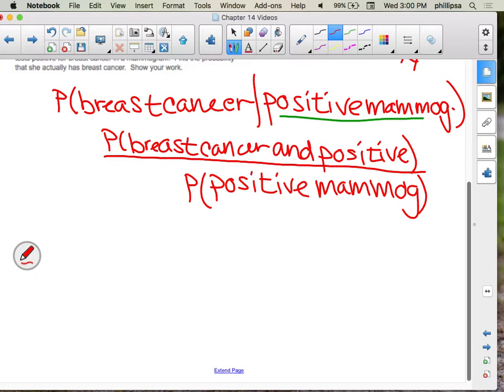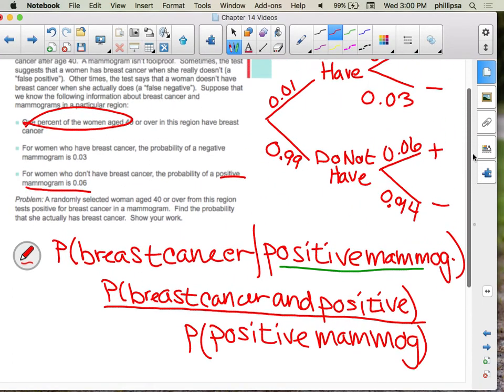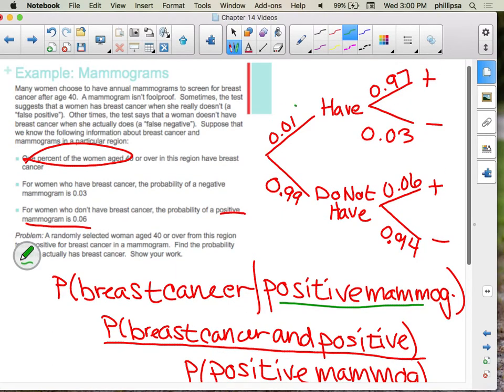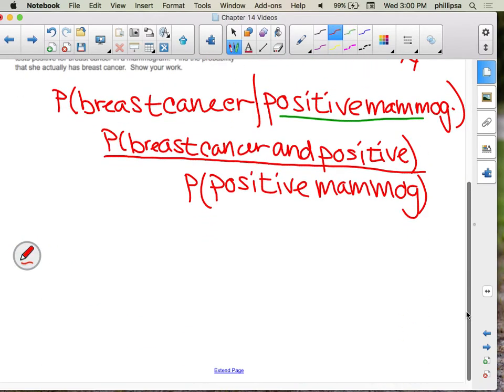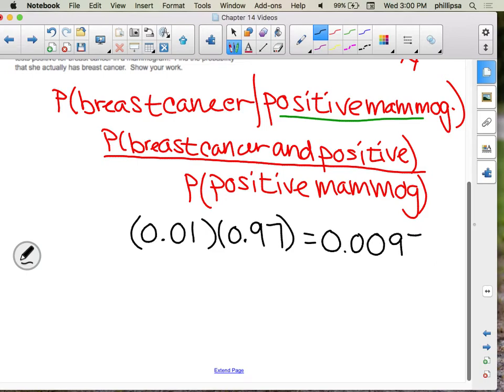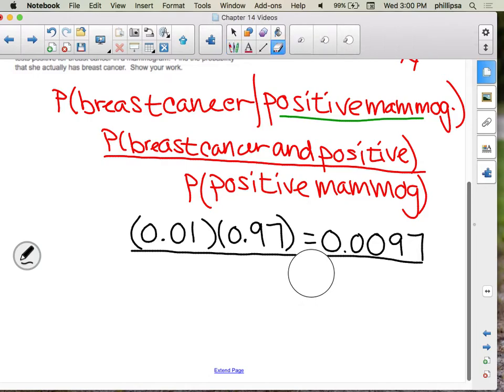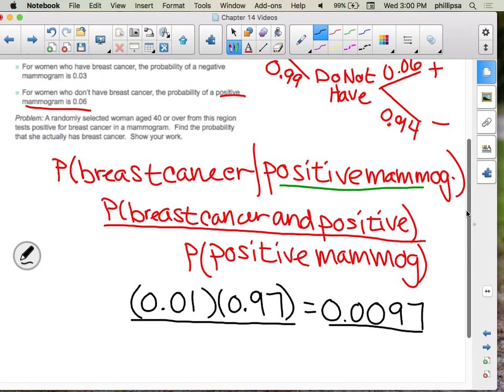Okay, so the probability that they have breast cancer and is positive, so that's kind of that top row, right? The 0.01 times the 0.97, right? So I got 0.01 times 0.97. Okay. Over the probability that it was a positive mammogram. So the positive mammogram is going to be the combination of both tops there.